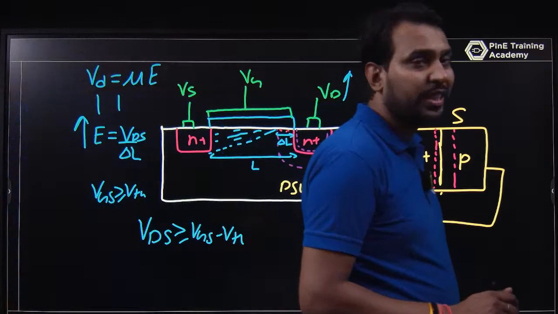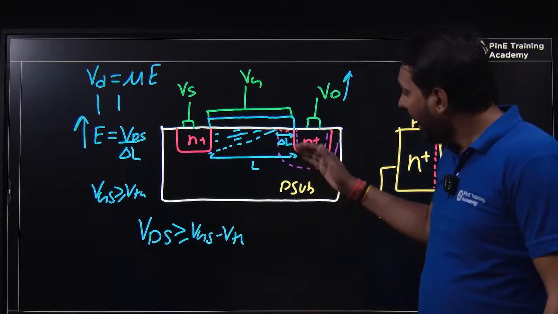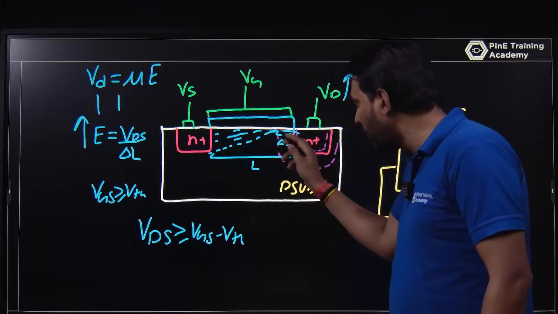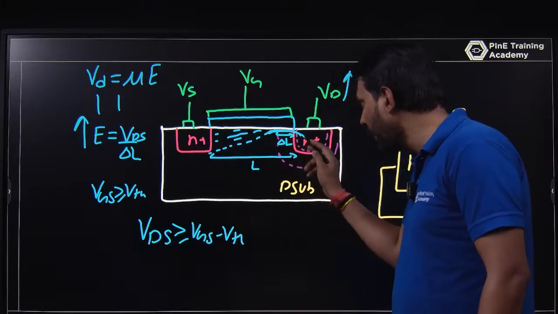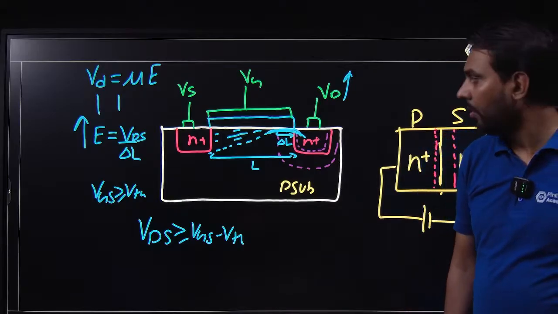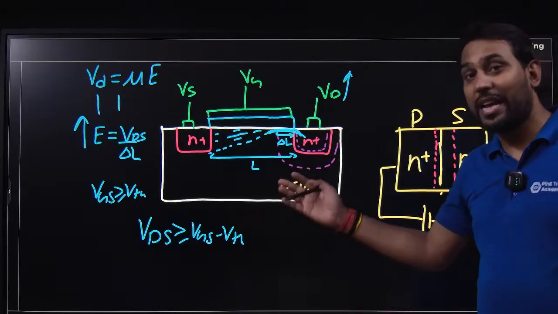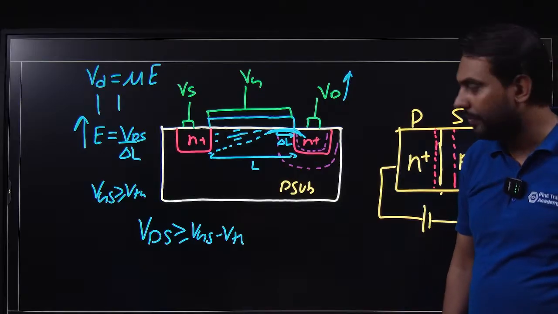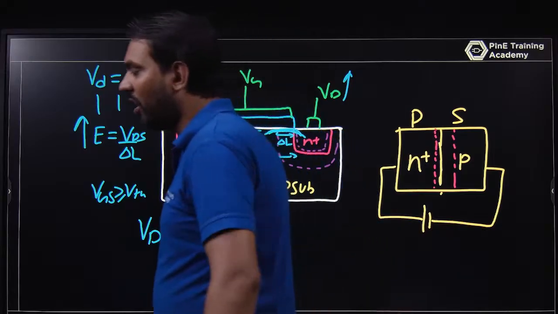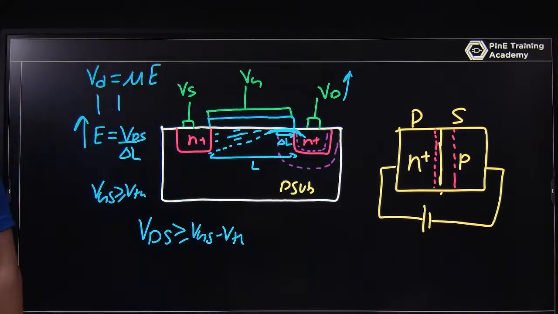The velocity will saturate at a point, and a constant charge will be passed here due to the high electric field. It is just like avalanche breakdown happening here, and a constant current will flow, and that is called the saturation region. So this is the way you can understand it.